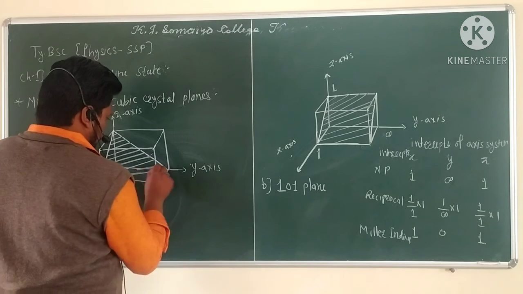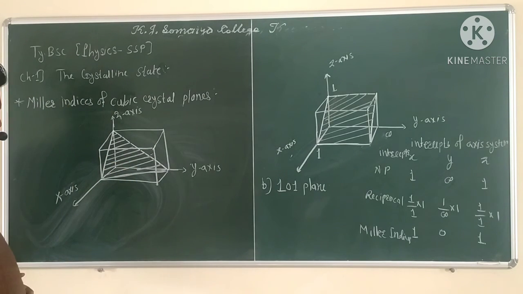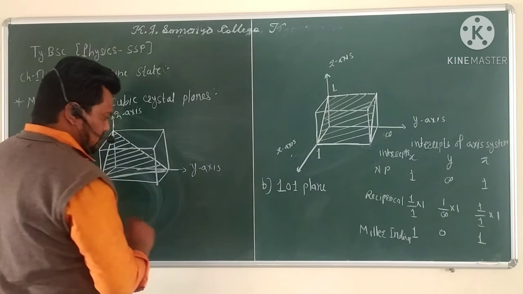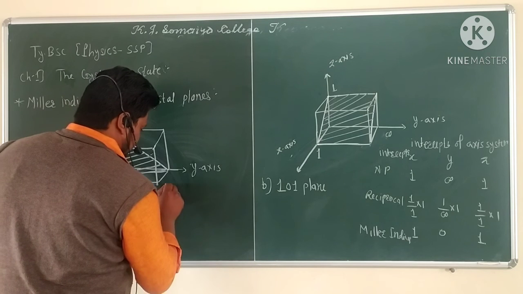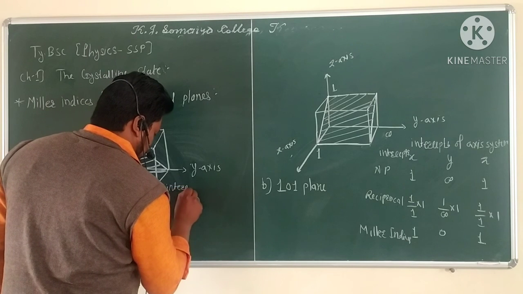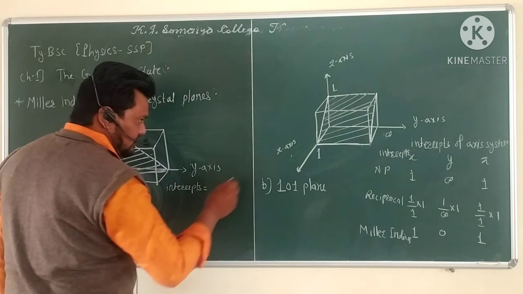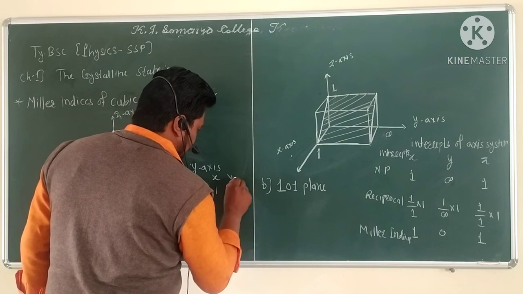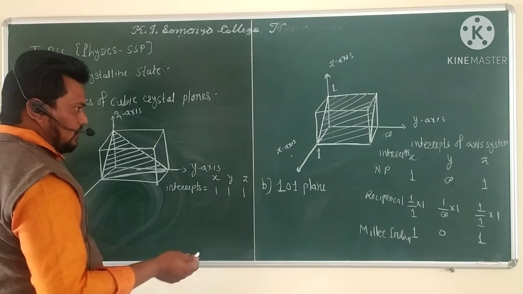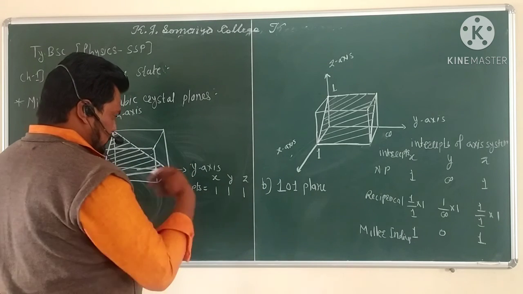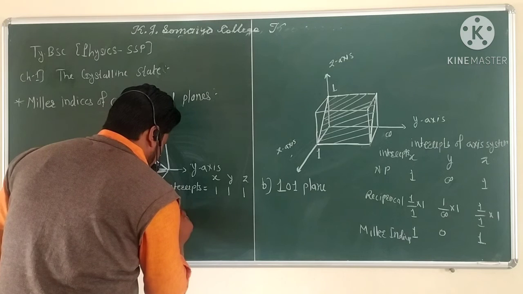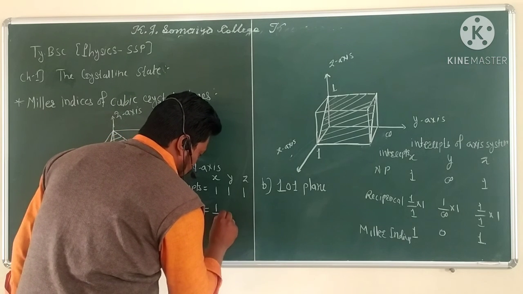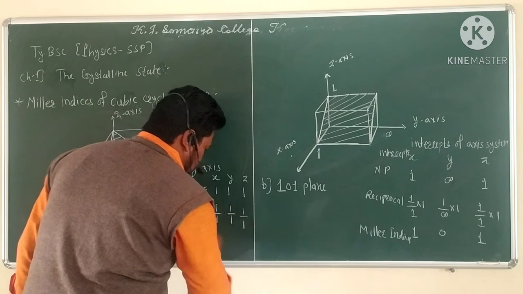So this is how to find the Miller indices. The intercepts are 1, 1, 1 for the x-axis, y-axis and z-axis. This is the numerical parameter. Now taking the reciprocal, it is 1 upon 1, 1 upon 1, 1 upon 1.